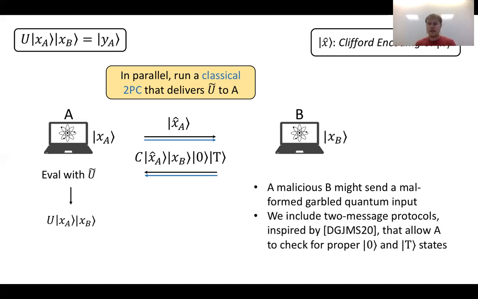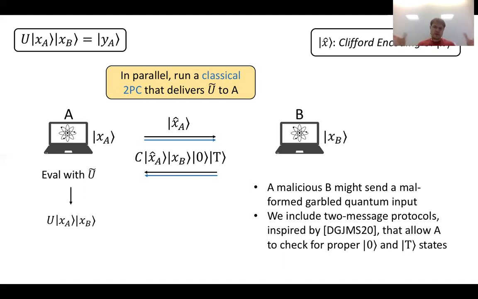So without going into details, we're going to need to include some extra 2-message protocols that allow A to check for these properly formed 0 and T states. Okay. And these checks are inspired by similar checks that were used in DGJMS in a more interactive setting, and we show 2-message versions of these checks. Okay.